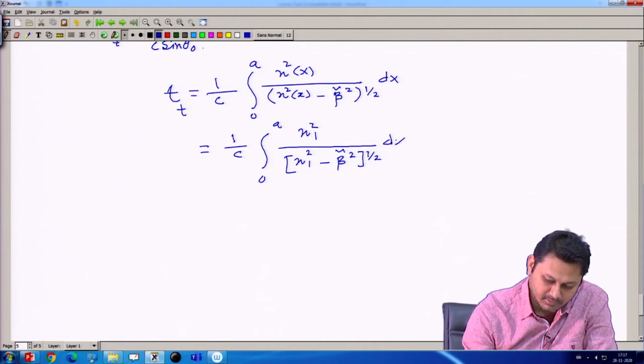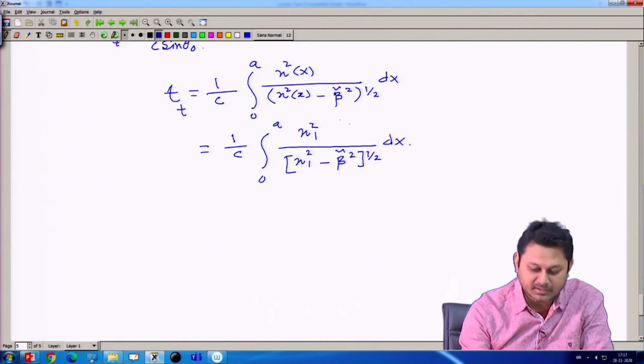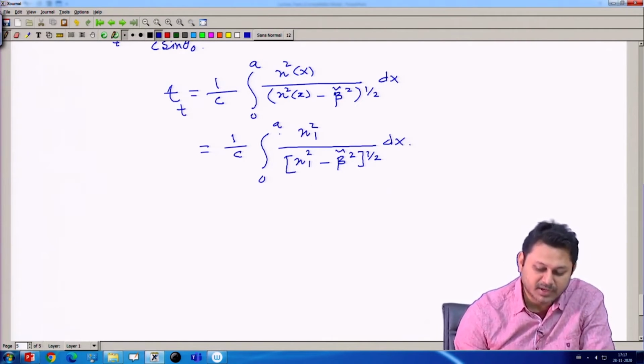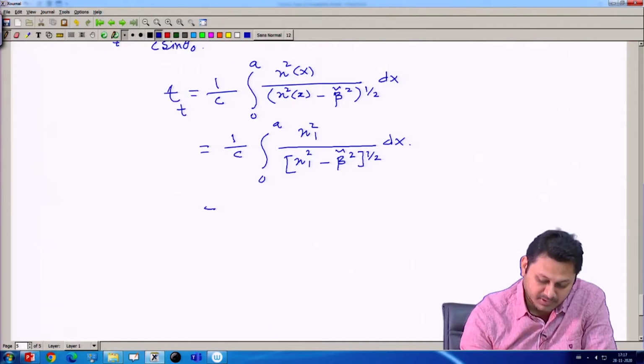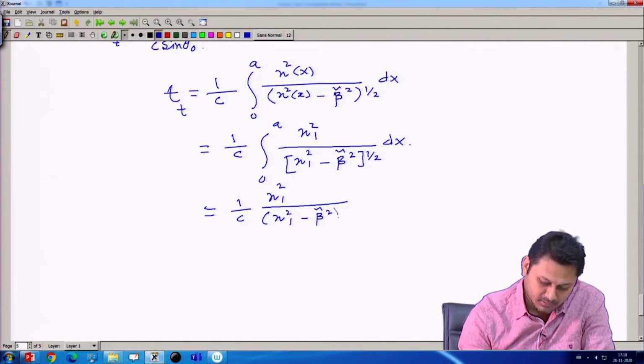and dx. You can see this entire term is constant, N1 square divided by N1 square minus beta tilde square. This is not a function of x at all. If this is not a function of x, then I can put it out. So, it should be 1 by C N1 square divided by N1 square minus beta tilde square whole to the power half.